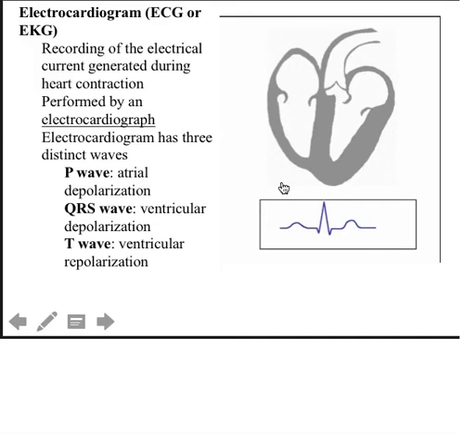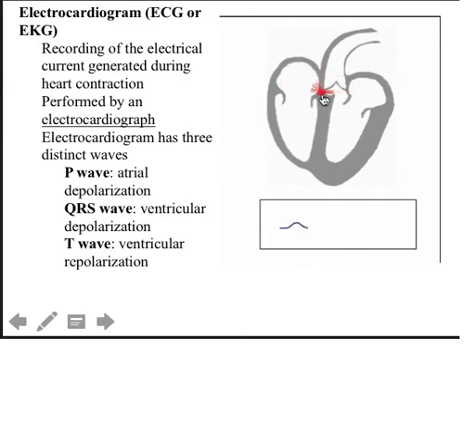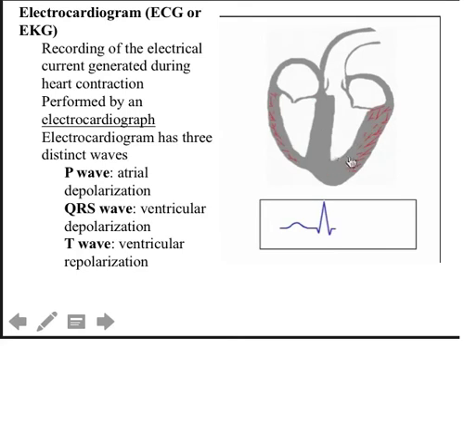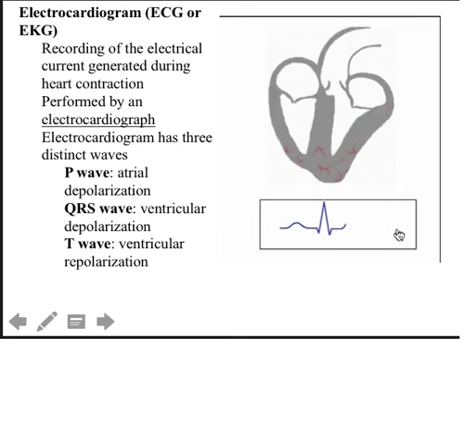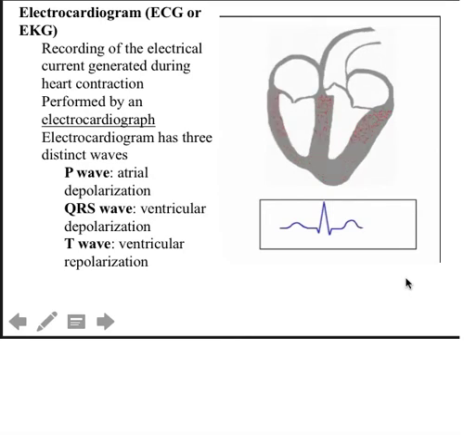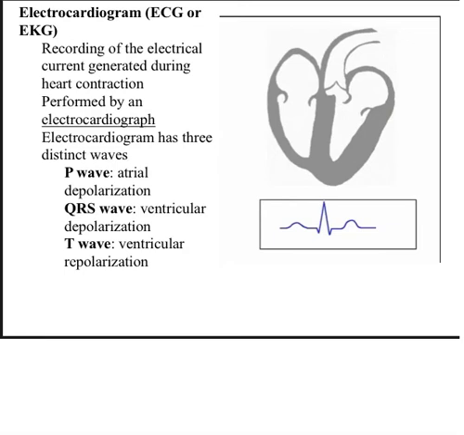One more time. SA node, AV node, left and right bundle branches, Purkinje fibers, okay? And notice which waveform corresponds to which of these activities, okay?